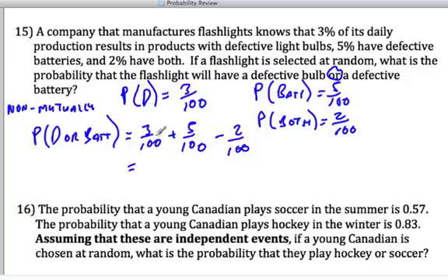And so this is going to be 6 out of 100, or 6%.